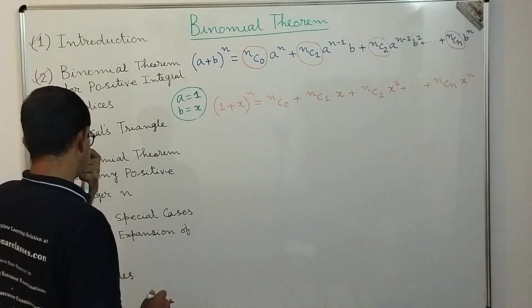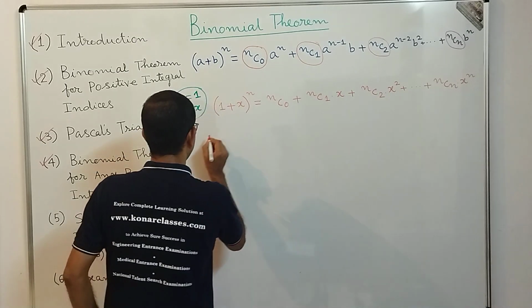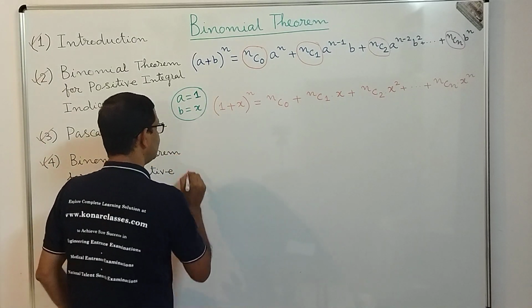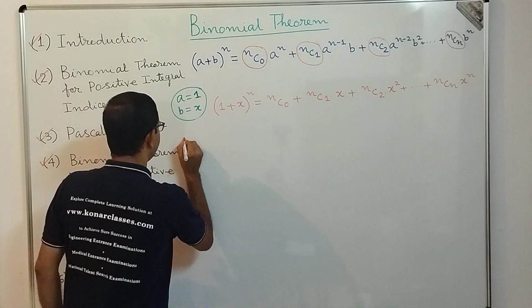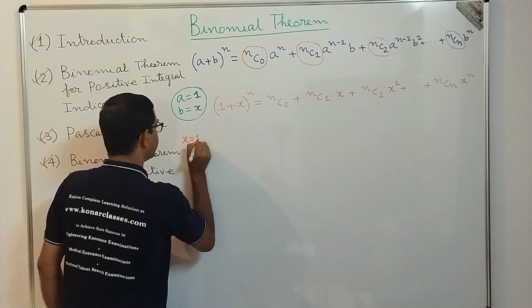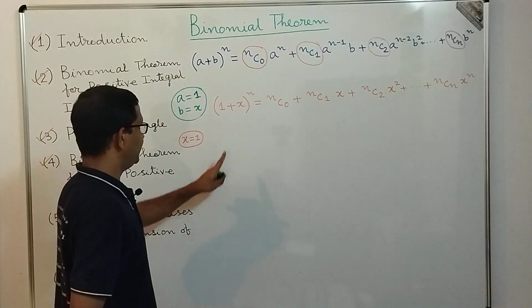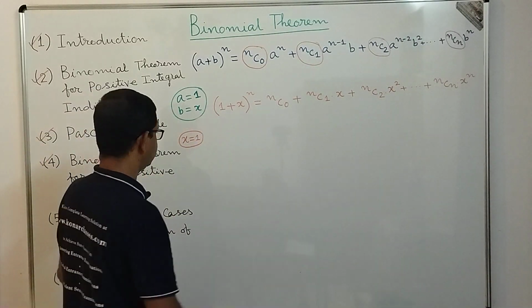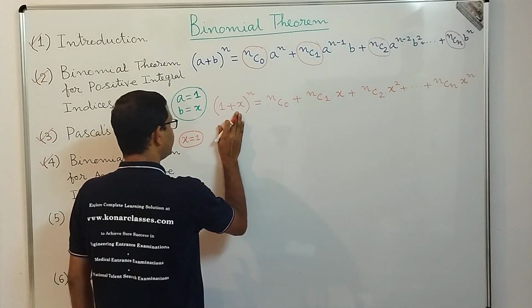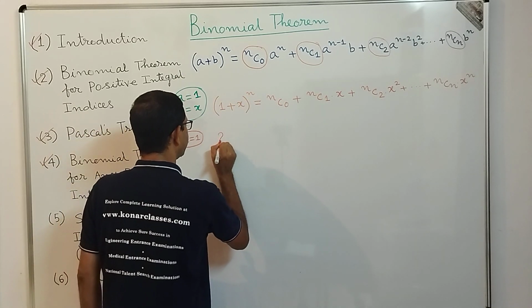Now the point is that if we apply some specific value of x, suppose we apply x equal to 1, on the left hand side we get 1 plus 1 power n, that means 2 power n.